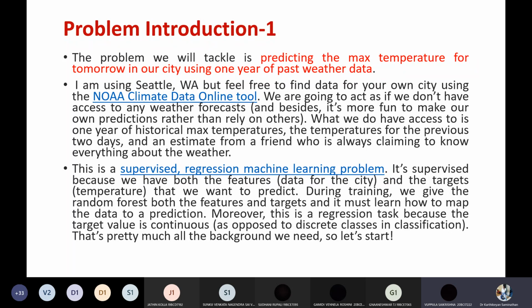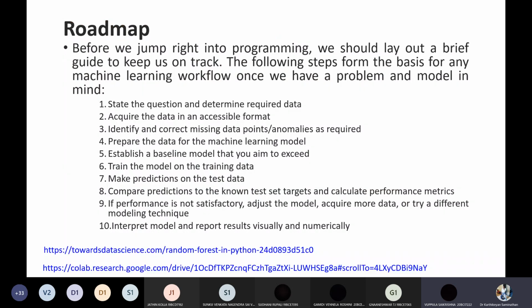The problem we'll tackle is predicting the maximum temperature for tomorrow in our city using one year of past weather data. What will be tomorrow's maximum temperature in Vijayawada city using the past year's data, right? That is one of the problem statements using random forest.